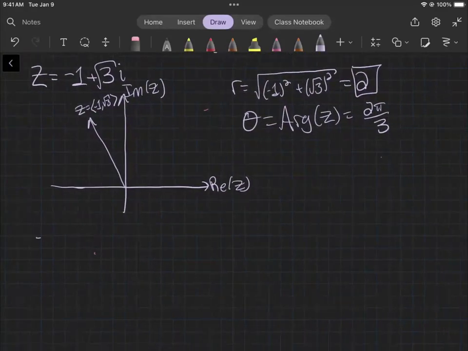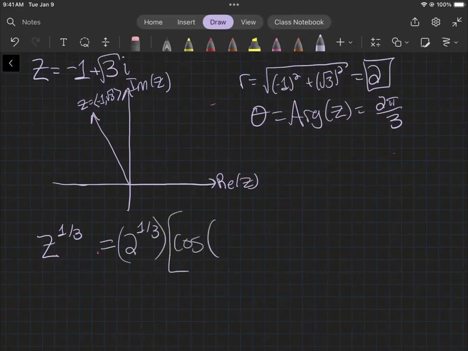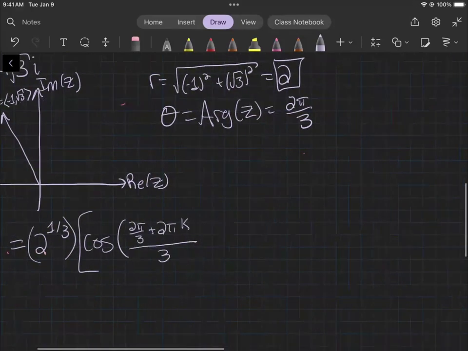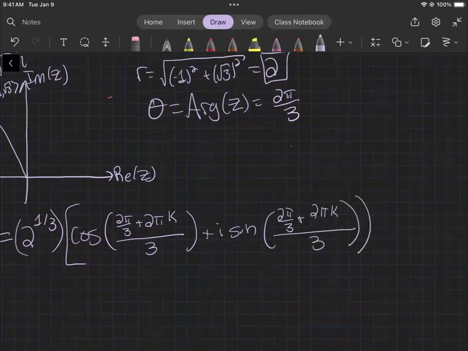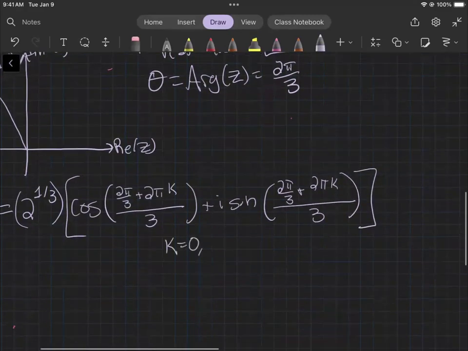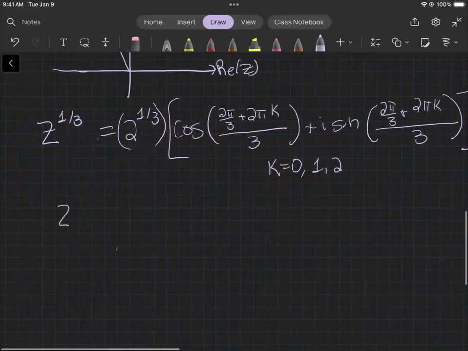To figure out all three roots of the complex number minus 1 plus root 3i, this would equal 2 to the 1/3 power times cosine of 2 pi over 3 plus 2 pi k over 3, plus i times sine of 2 pi over 3 plus 2 pi k divided by 3, where k equals 0, 1, and 2.